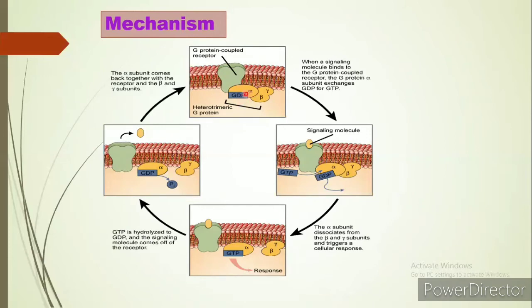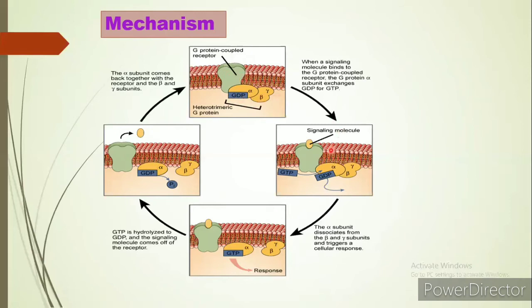The alpha subunit is bound to guanosine diphosphate, GDP, in the resting state. This first stage is the inactive stage.